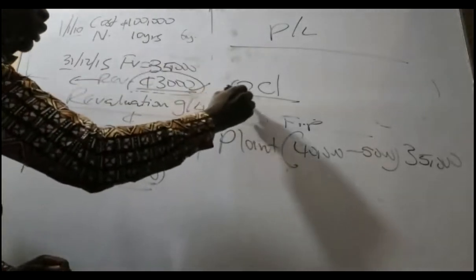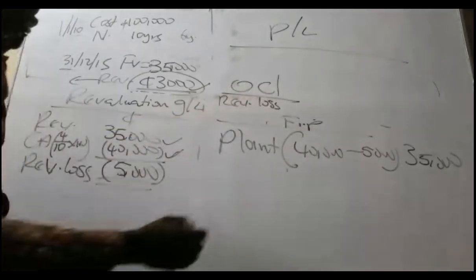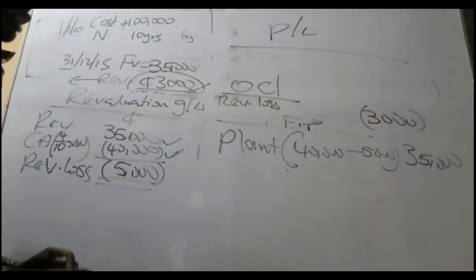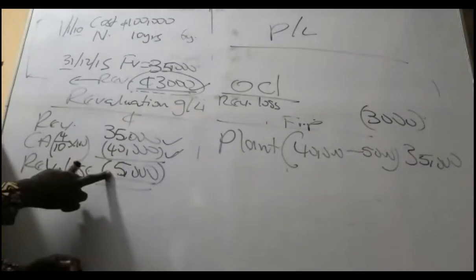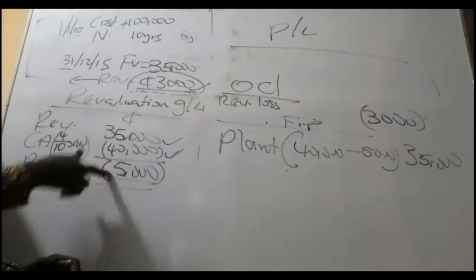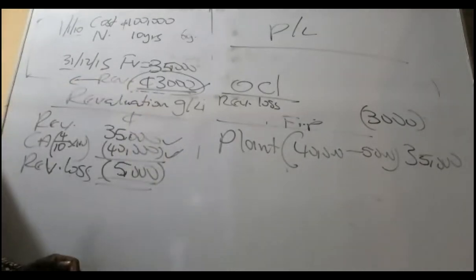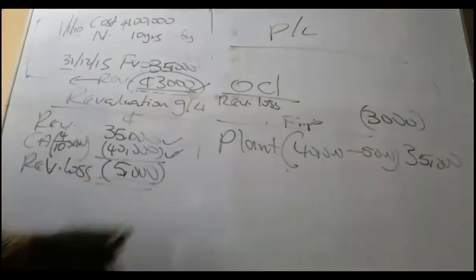Direct revaluation loss of what? 3,000. So I'll come here and record 3,000 in brackets. What was the total loss? 5,000. If I've sent 3,000 to cancel this gain, how much is left? Good. And that 2,000 went to the P&L.